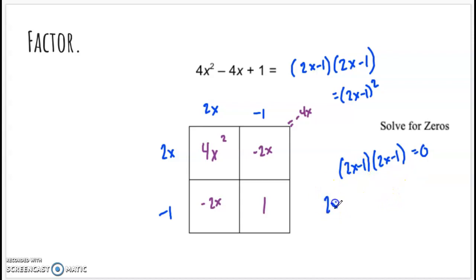So 2x minus 1 equals 0. I'm going to use my inverse operations here. So I've got 2x equals 1, divide both sides by 2, x equals 1/2. I only have to do it one time here because my factors are identical. I only have 1 zero. There's only one root for a perfect square trinomial.